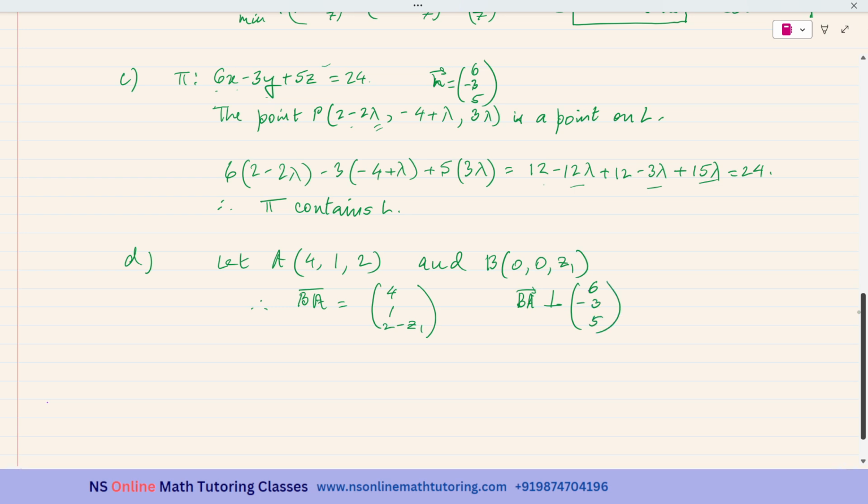Therefore, the dot product has to be equal to 0. Therefore, (4, 1, 2 minus Z1) dot (6, negative 3, 5) should be equal to 0. This implies 4 times 6 is 24, 1 times negative 3 is negative 3, and 2 times 5 is 10, and minus 5Z1 equal to 0.